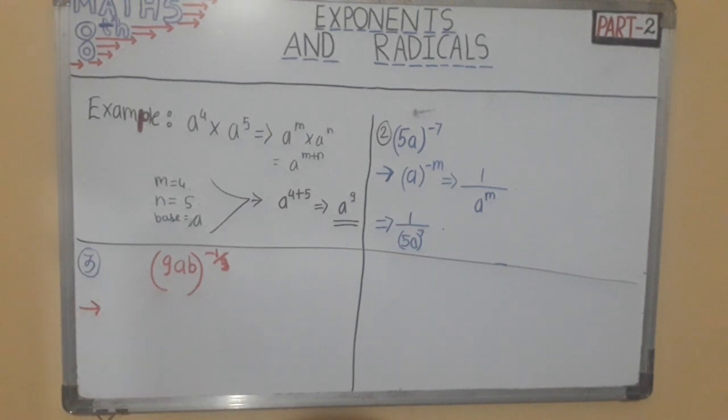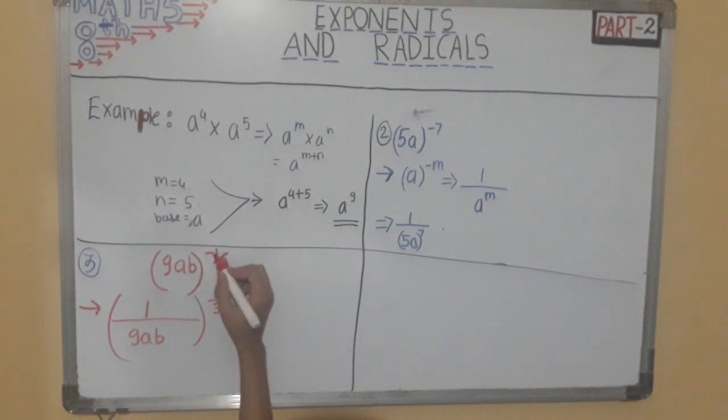So anytime like this type of equations, we have to reciprocal the number in the bracket. So we'll write 1 upon 9ab whole raised to 1 by 3. The power will remain as it is, but by reciprocaling, the negative sign will get disappeared, like this. I hope you have understood this.